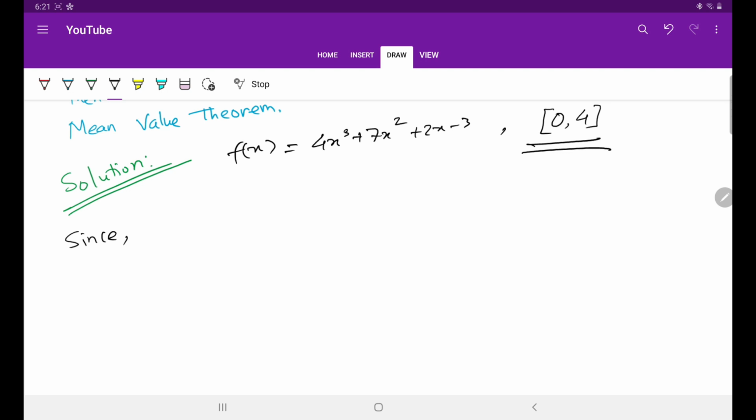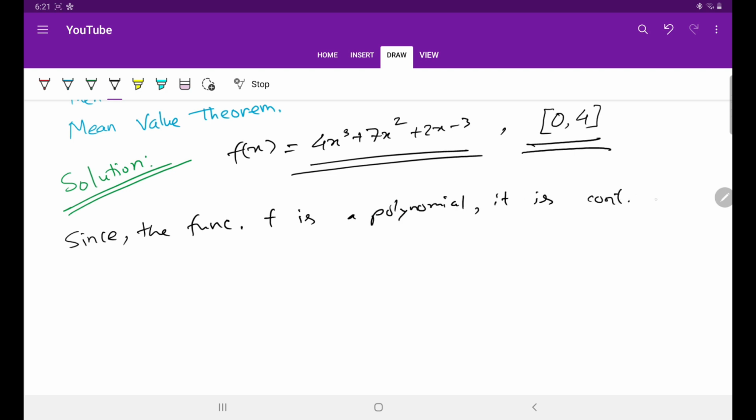Okay, so you see, this is a polynomial. Definitely it is continuous on this domain because it's continuous on every domain, right? Minus infinity to positive infinity. Since the function f is a polynomial, it is continuous on [0, 4]. So for continuity, we have a closed interval. Remember that.